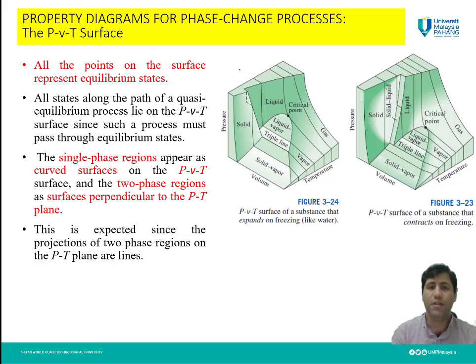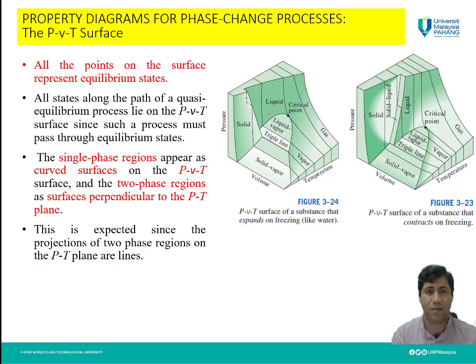Then all the points on the surface represent equilibrium states. So any point on the surface means an equilibrium state, it means the substance reached the equilibrium condition with that pressure, volume, and temperature. All these states along the path of a quasi-equilibrium process lie on the PVT surface, since such a process must pass through equilibrium states.